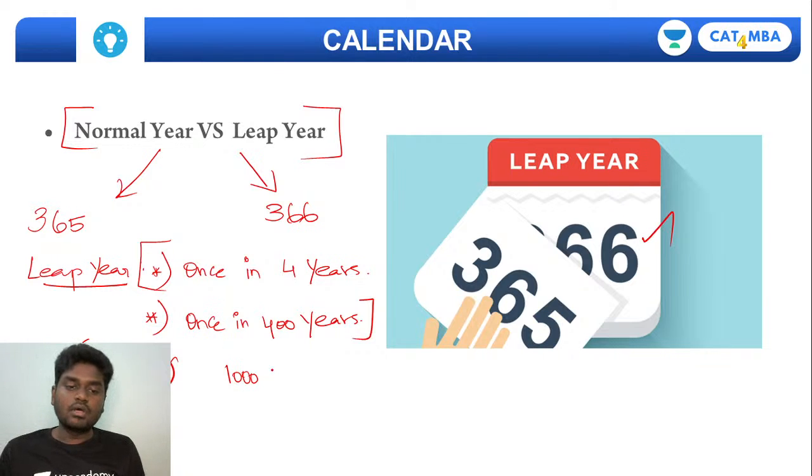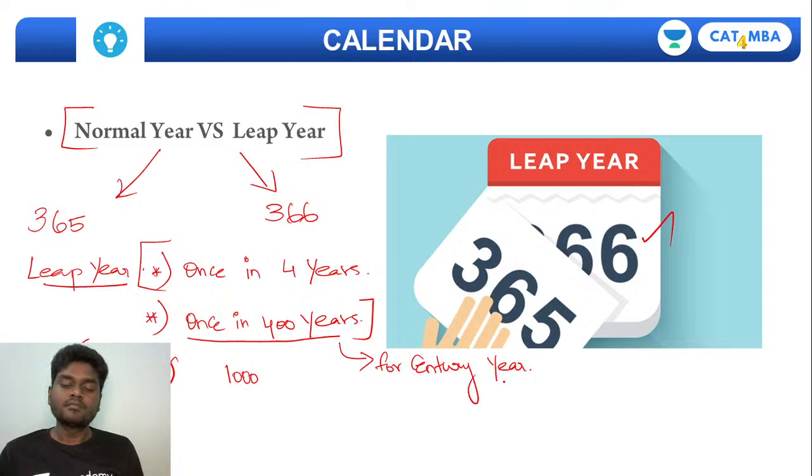When it comes to the century years, what you really need to remember is once in 400 years for century years. Very, very important. So if you want to cross-check a normal year, whether it is a leap year or not, you need to divide it by 4.